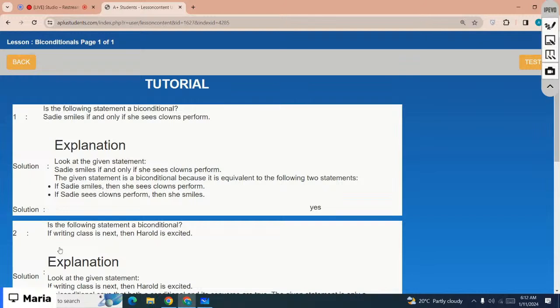If Sadie smiles, then she sees clowns perform. And if she sees clowns perform, then she smiles. Both sides are conditions here, so they are biconditionals.